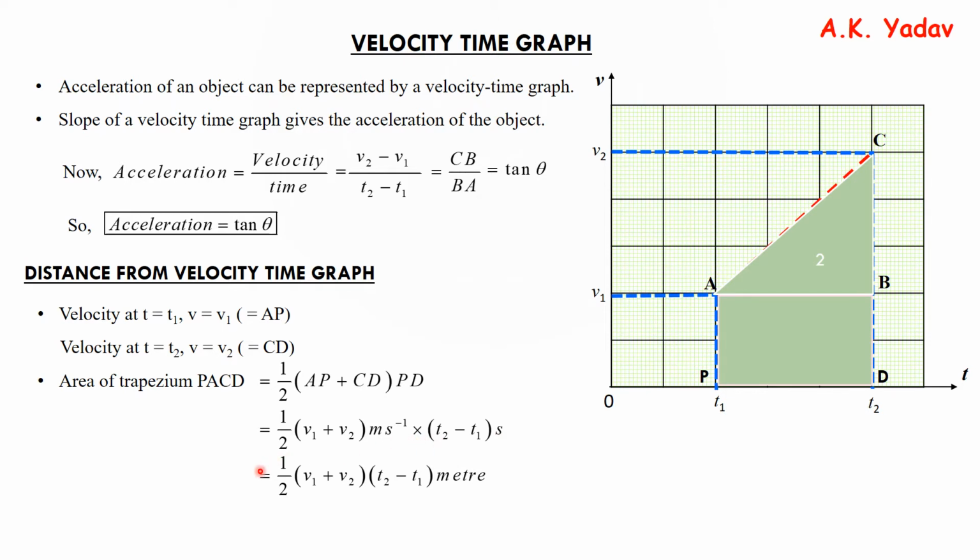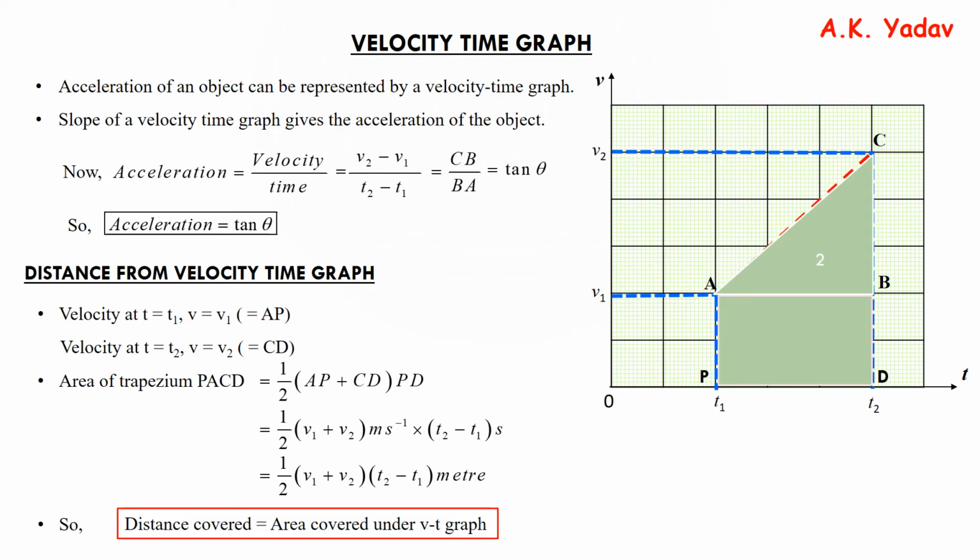So I get half v1 plus v2 into t2 minus t1 meters. If it is in meters, that means it is the distance covered. So I can say that the distance covered is equal to the area under the velocity time graph.